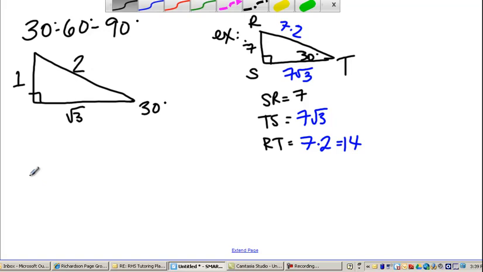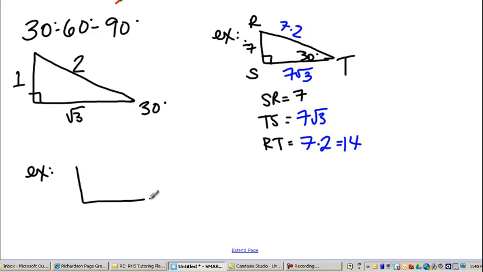Okay? I'm sure you're thinking, oh, that's not bad at all. I got this. It can get a little bit trickier. Okay? Just a little bit. Let me show you ways that it can. So let's redraw this triangle.